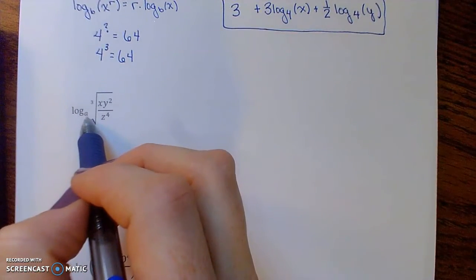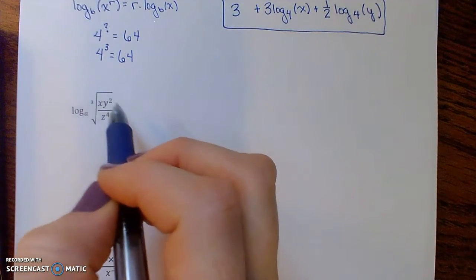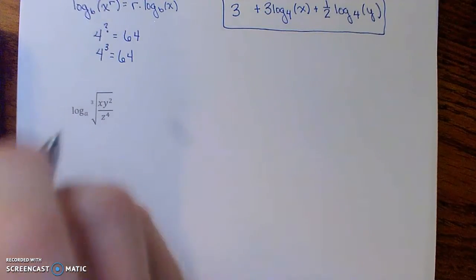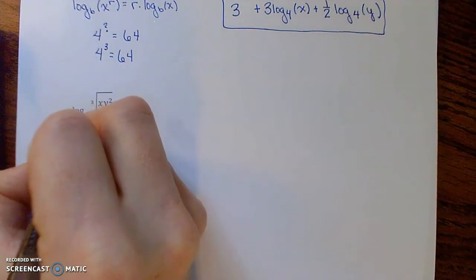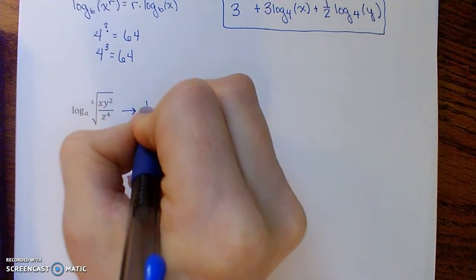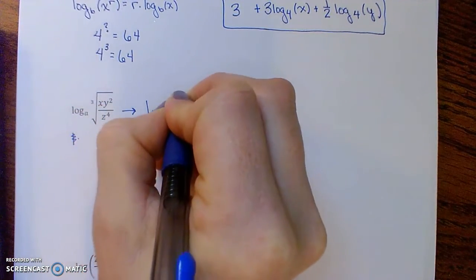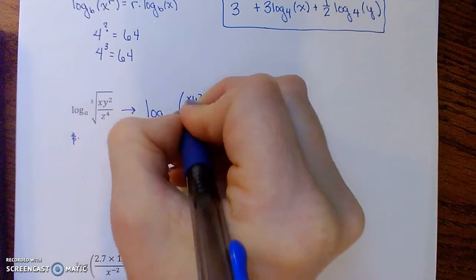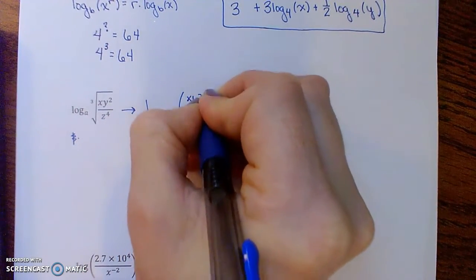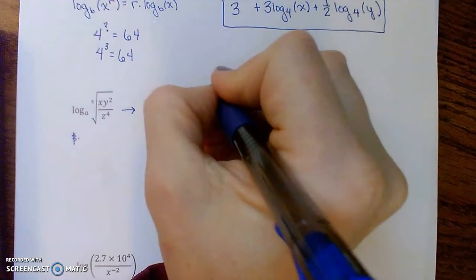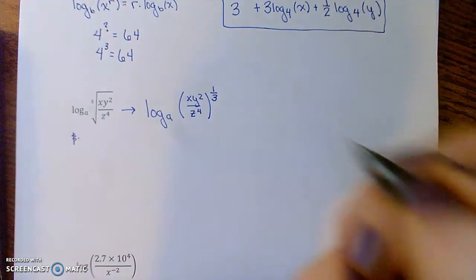Log base a of the cube root of xy squared over z to the 4th. So a few things. I actually first want to rewrite this as log base a of xy squared over z to the 4th, all to the 1/3. Instead of thinking of it as a cube root, I'll think of it as the exponent is 1/3.